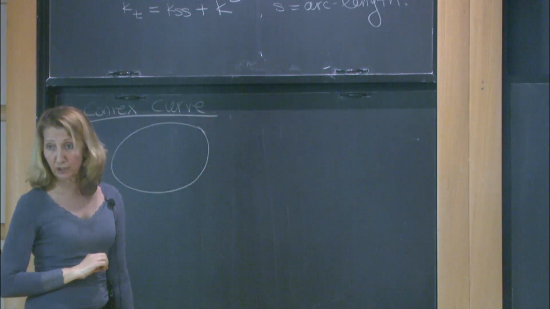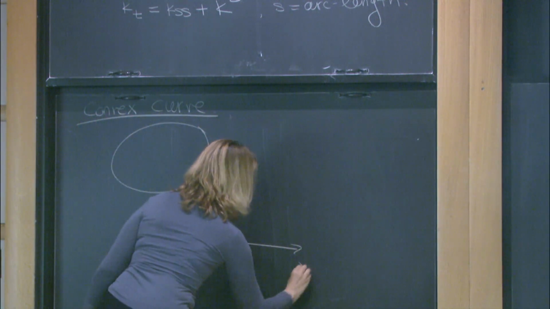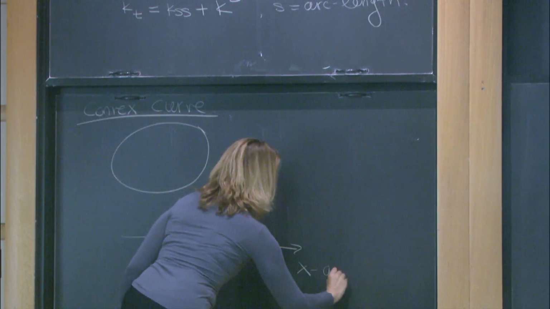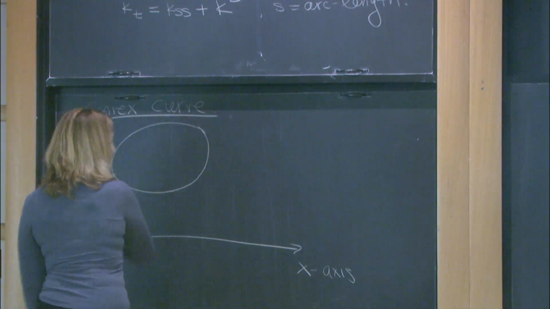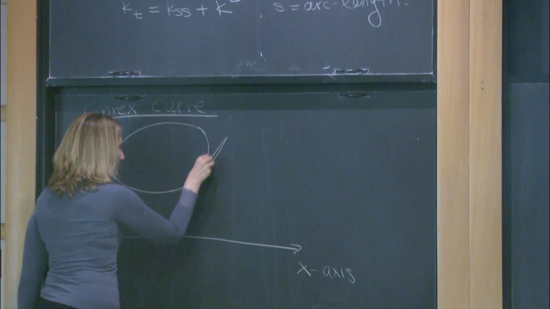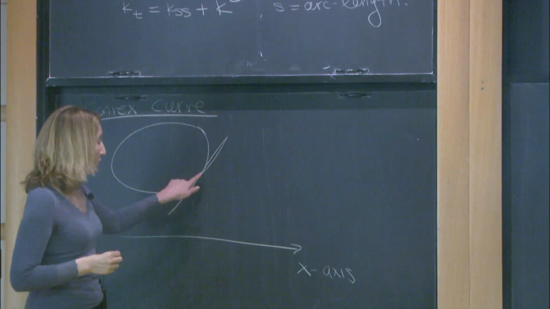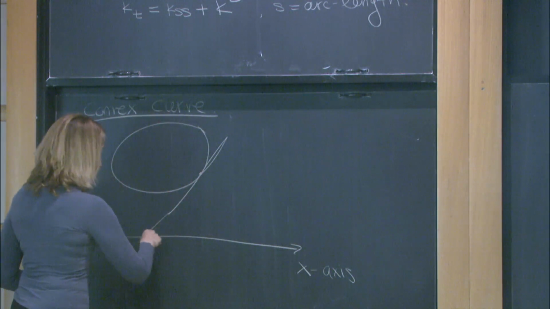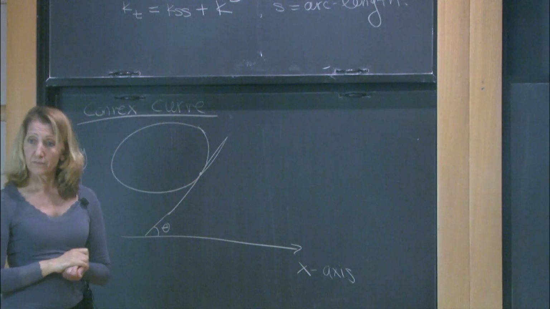Here is the x-axis and the y-axis in the plane. At each point, you have the tangent vector to the curve, which forms an angle theta with the x-axis.